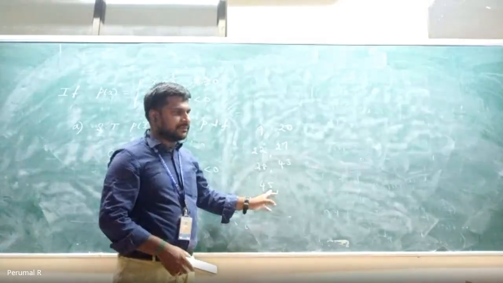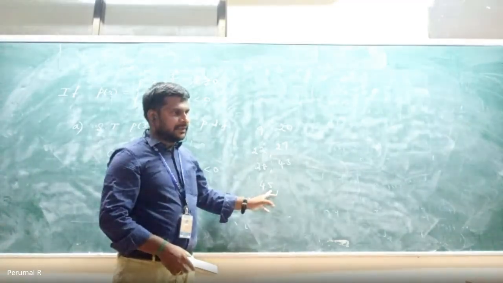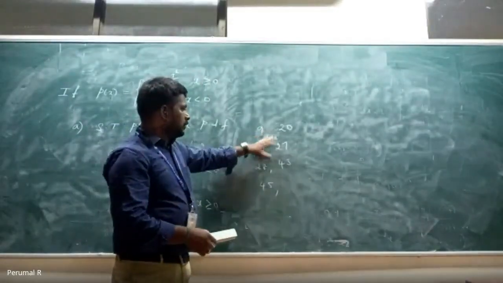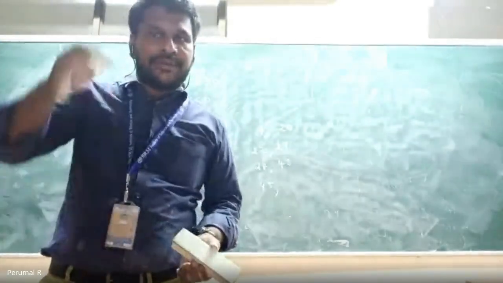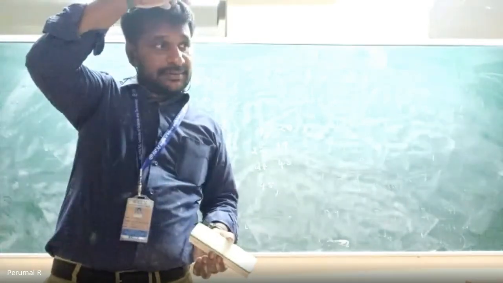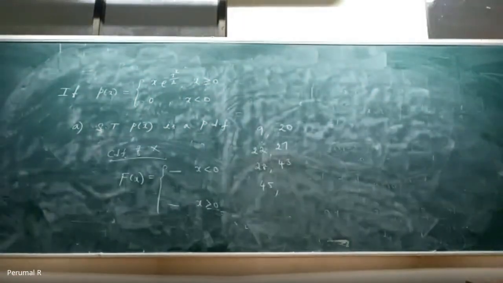Okay, correct? Correct. So 2, 4, 6, 7 absentees today, aerospace students. I have written the absentee numbers on the board. Give them attendance on Monday also.